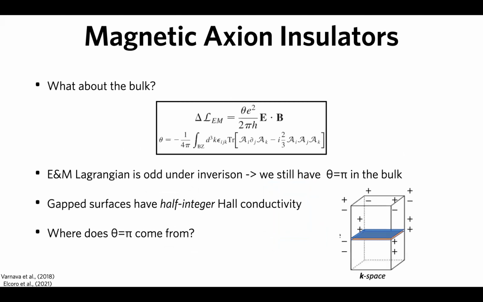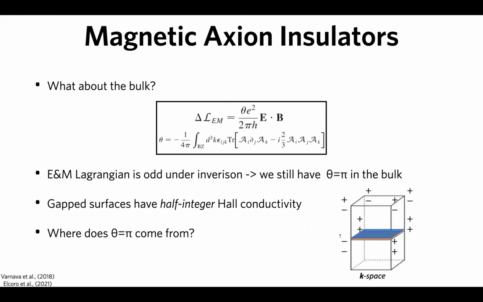The bulk of these systems, though, we know from a low energy effective theory point of view and from some seminal work from a decade and a half ago, that the bulk of this system, because it comes from a 3D topological insulator with broken time reversal symmetry, has this axion electrodynamics type response.